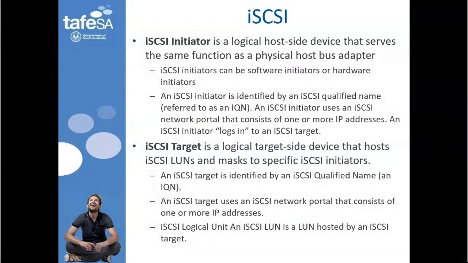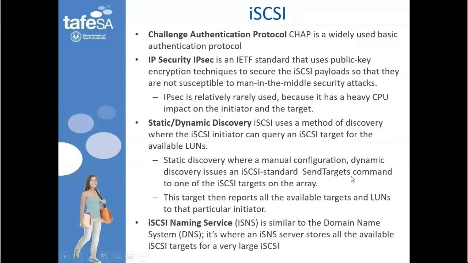An iSCSI target is identified by an IQN as well. The iSCSI target uses the iSCSI network portal that consists of one or more IP addresses. You have to have a minimum of one, but obviously for redundancy and speed, you can have multiple. An iSCSI logical unit is a LUN hosted by the iSCSI target, and then we connect to it.